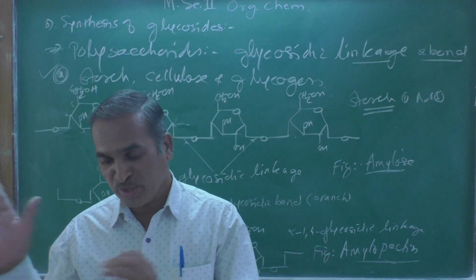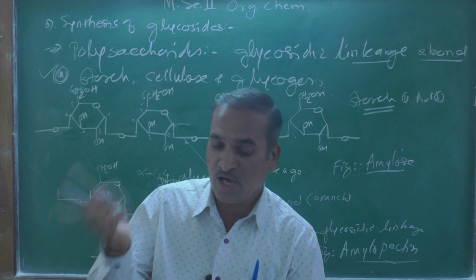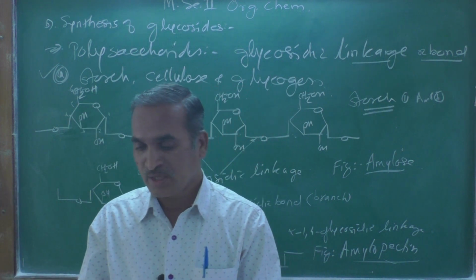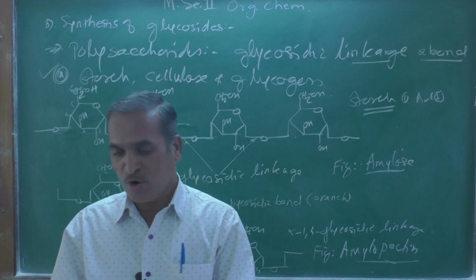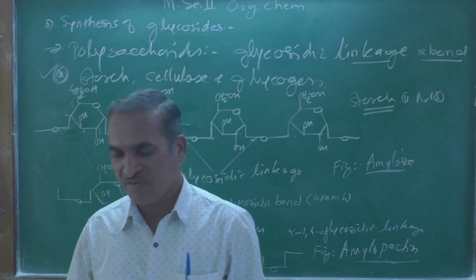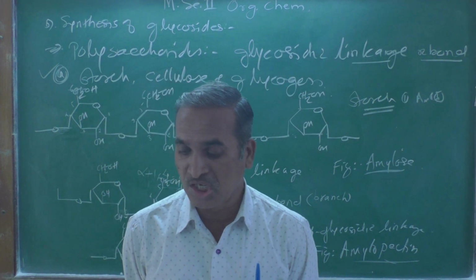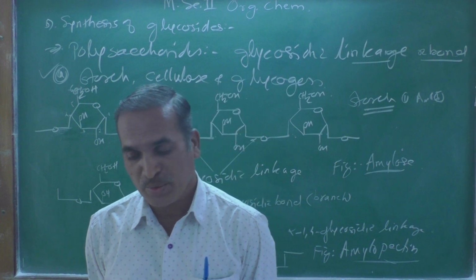And amylopectin, the second component, is a water insoluble component of starch which forms a blue violet colored complex with iodine.